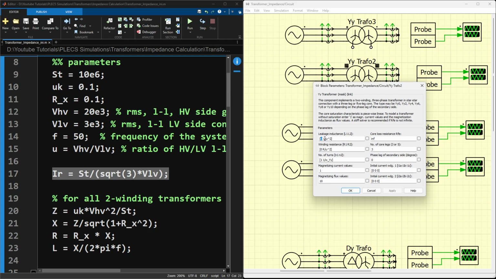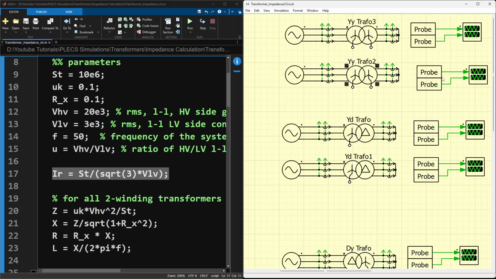So we divide the L calculated on the high voltage side, referred to the secondary side, by the factor of U squared, that's the turns ratio squared. Same for the resistance. This also applies if, for example, we want to divide the impedances on the primary and secondary side using a 50-50 ratio. This transformation is still valid.